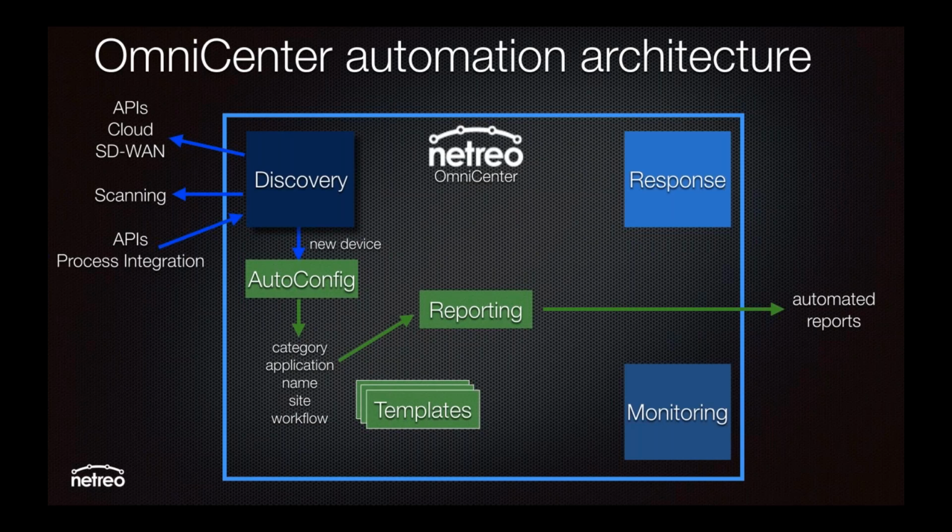That drives our reporting, as we said, and the reporting can then be automated, but then it also will push what templates get applied to that device. And those templates can define all of the different settings for the device, including authentication, alerting, thresholds, configuration alerts, all those kind of rules. And that configuration then drives the monitoring engine.